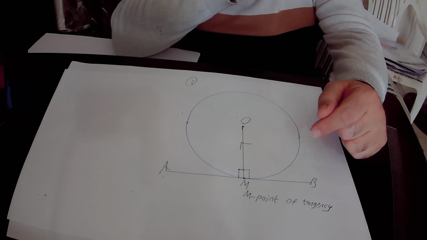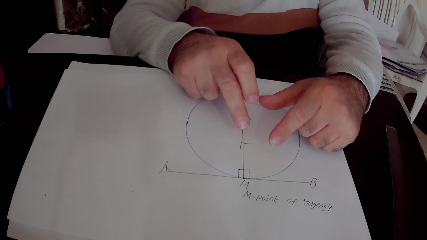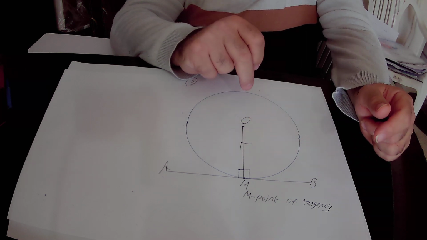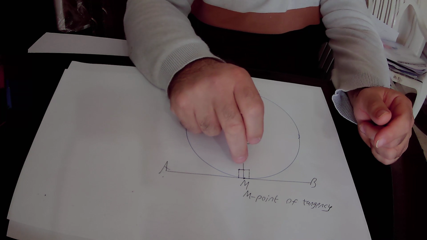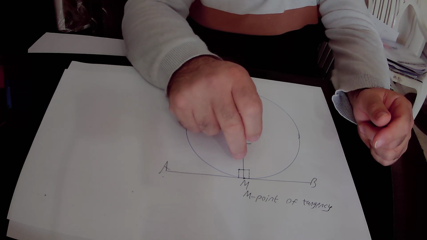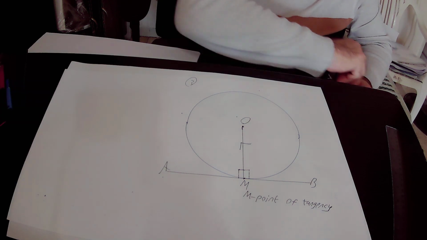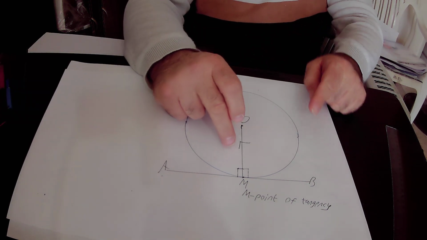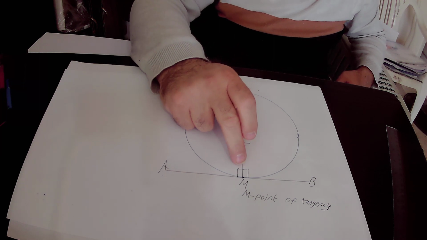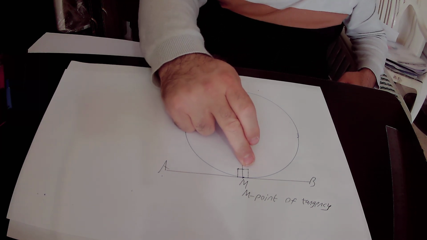Then we draw the radius OM, which is drawn to the point of tangency. Therefore, according to rule number 2, the tangent AB is perpendicular to this radius, that is to say, this angle equals 90 degrees, and this angle also equals 90 degrees.